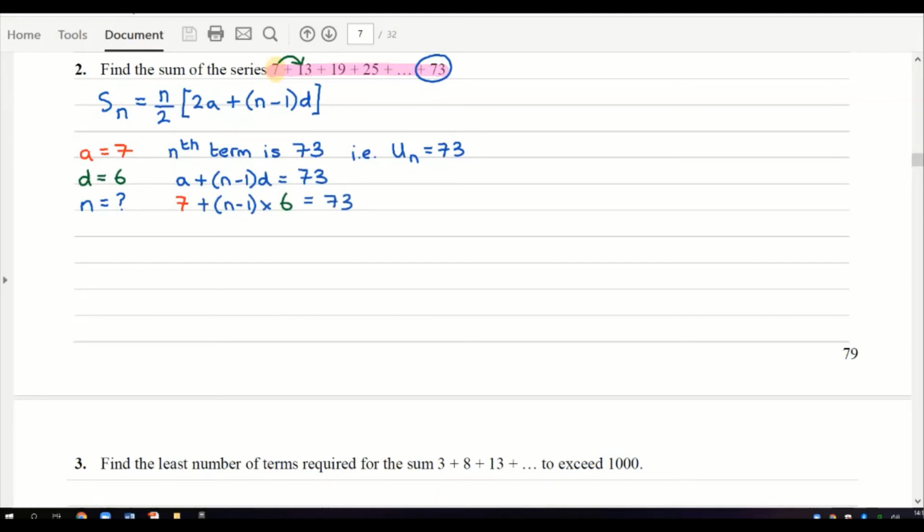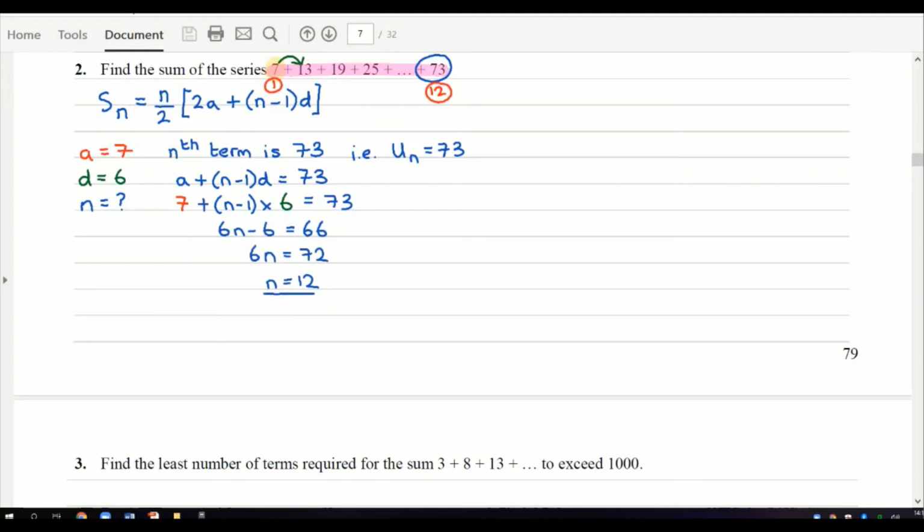Let's tidy this up: we can subtract 7 from both sides and multiply out the bracket. So 6n subtract 6 is 73 subtract 7, which is 66. We add 6 to both sides, so that's 72. So I get n equals 12. That means that 73 is the 12th term of this series. So that's term number 12. If that's term number 1, it goes all the way up to 12.